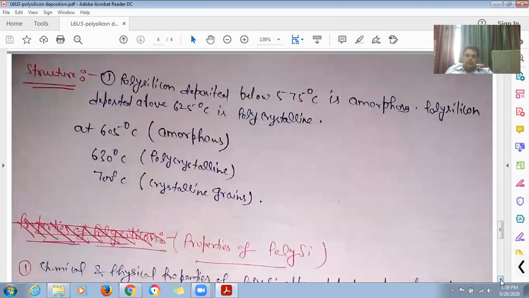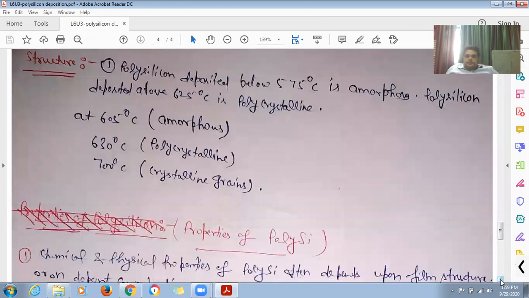Now, what is the structure of polysilicon? If we deposit the polysilicon at a temperature below 575 degrees centigrade, what we get is amorphous silicon. And if we deposit the polysilicon at a temperature above 625 degrees centigrade, what we get is polycrystalline silicon, which is the required form.